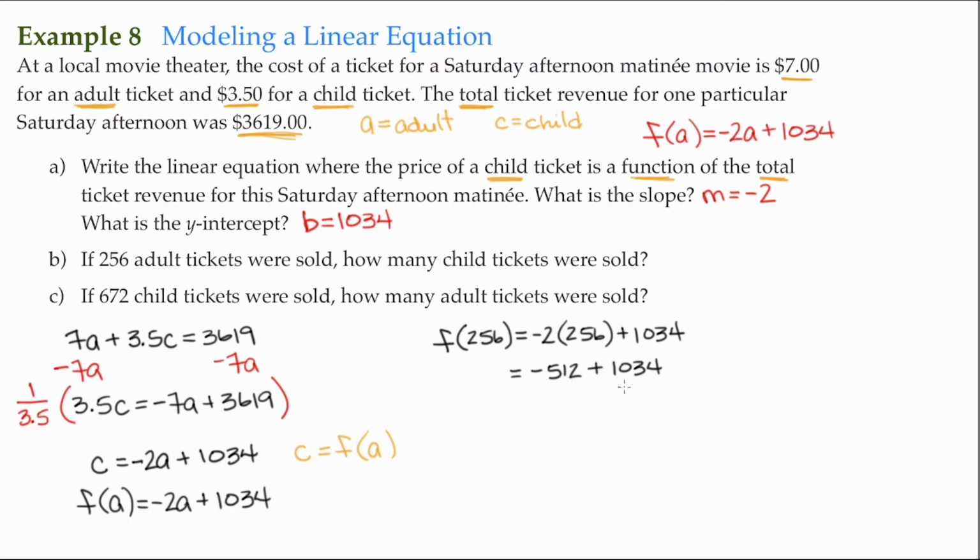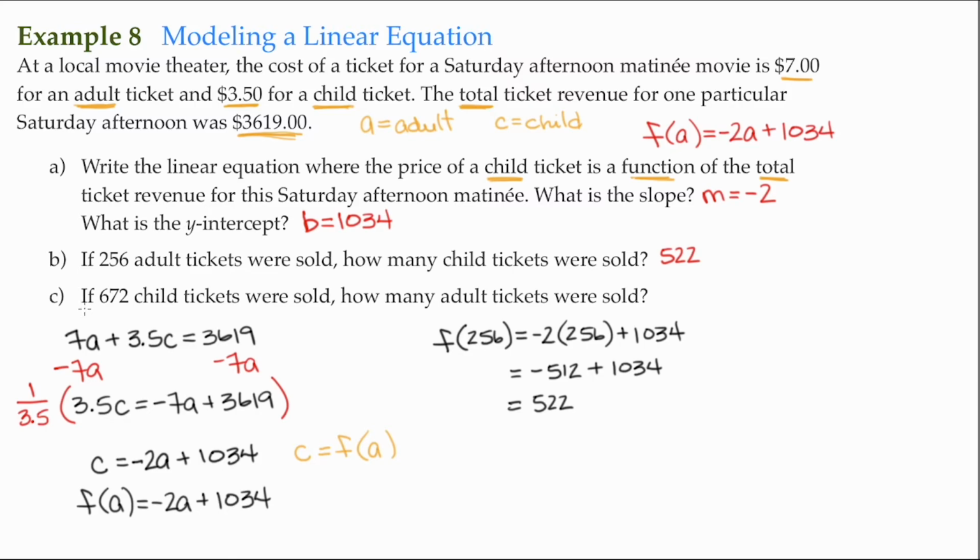That gives 522 child tickets were sold. So if 256 adult tickets were sold, that means 522 child tickets were sold. And you could certainly check that by plugging it into here. 7 times 256 plus 3.5 times 522 should equal 3,619.